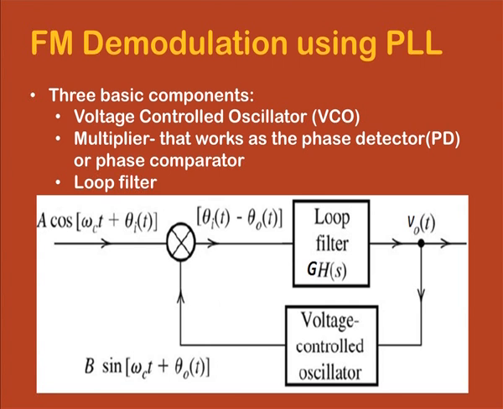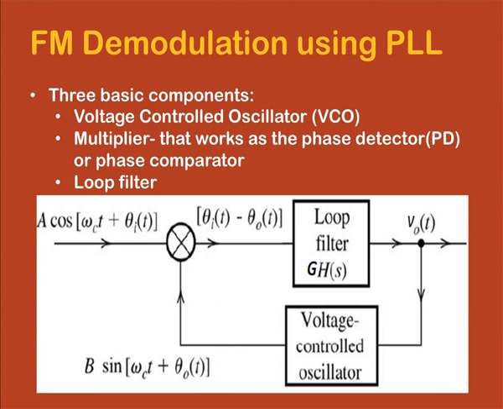Now, if the phase difference between the incoming signal and the VCO output is small, then the phase detector output corresponds to theta_i(t) minus theta_o(t). The output is basically the sine of theta_i(t) minus theta_o(t), but we have used the fact that when x is very small, sin x is approximately equal to x.